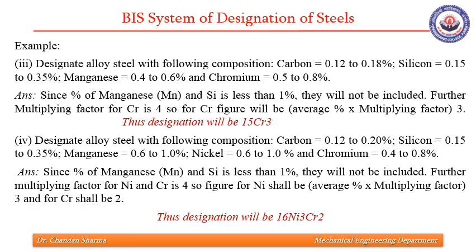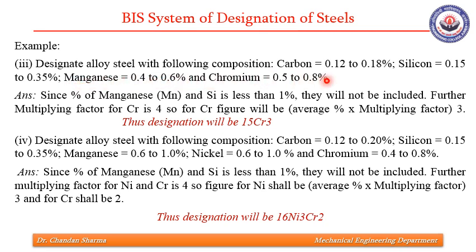We can also do the reverse, like from the given composition we can find the designation. For example, alloy steel with the following composition: carbon 0.12 to 0.18, so the mean is 0.15. 0.15 into 100 will be 15. Silicon 0.15 to 0.35 percent, manganese 0.4 to 0.6, and chromium 0.5 to 0.8.